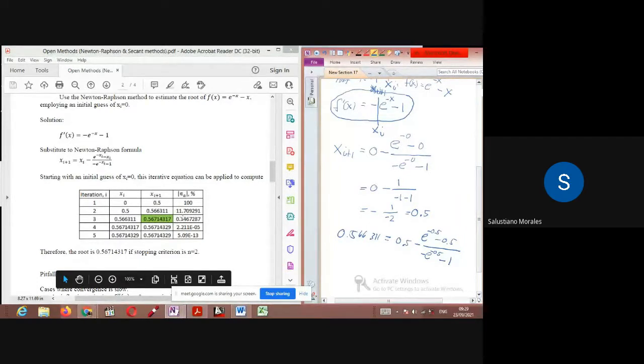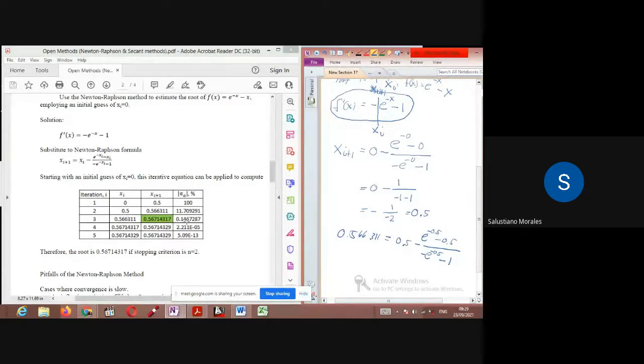And the value of the absolute relative approximate error is already 0.146, which is already less than 0.5. So meaning that we can stop now at iteration number 3.